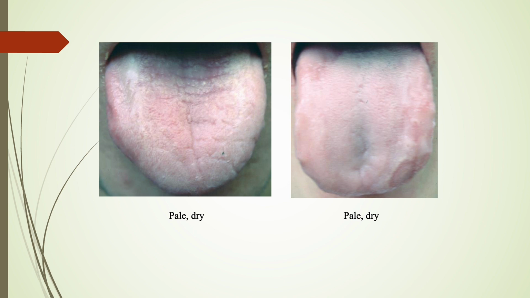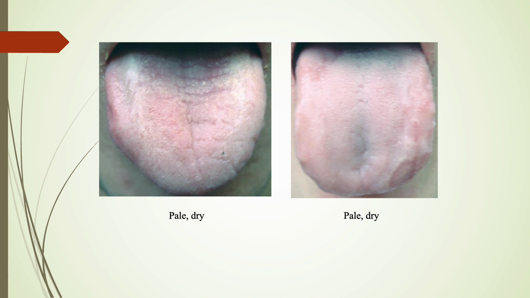A yang deficiency tongue will not only be pale, but it will also be swollen and wet, as will a qi deficiency tongue. This means that you will have to compare the tongue with the patient's pulse and ask the patient relevant questions that can help to differentiate these patterns, such as whether they have an aversion to cold.